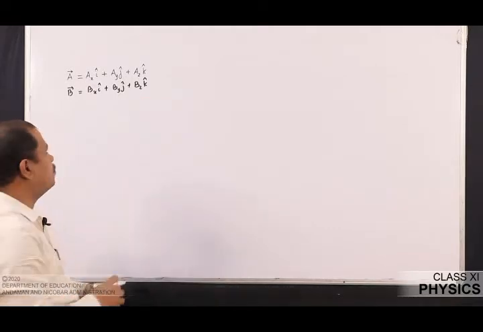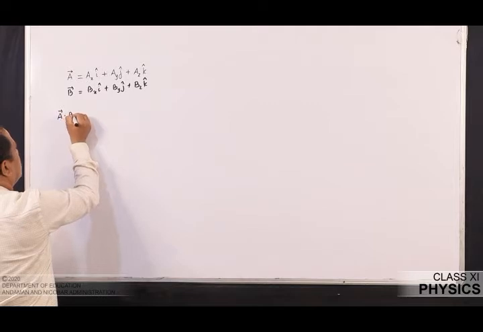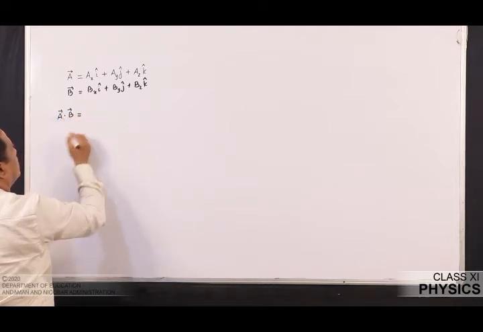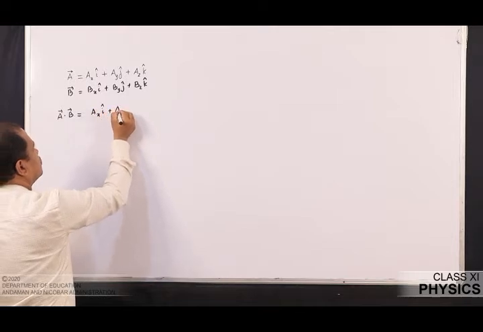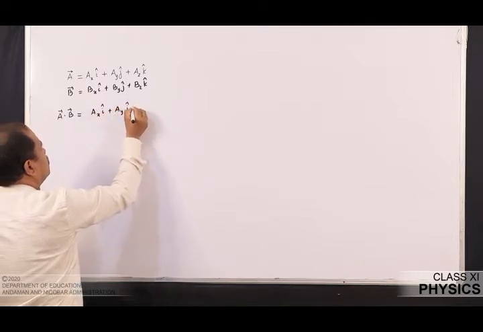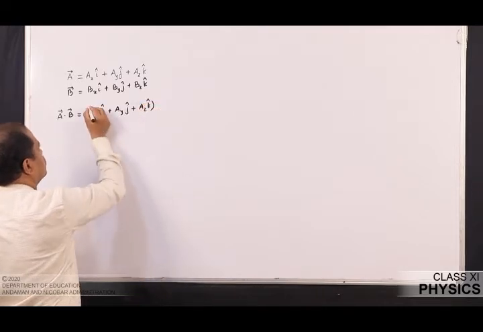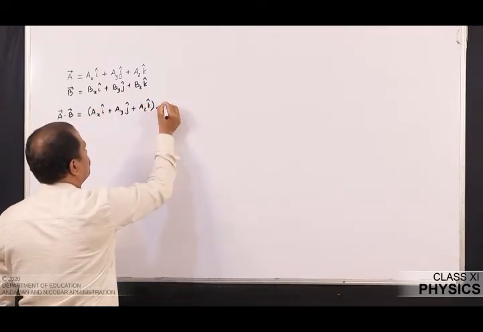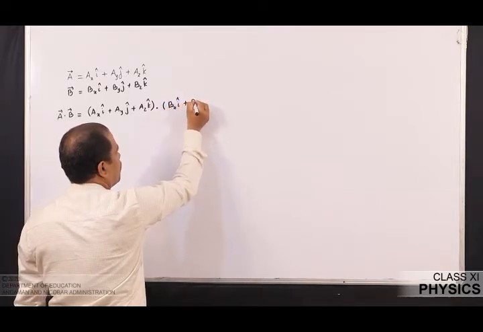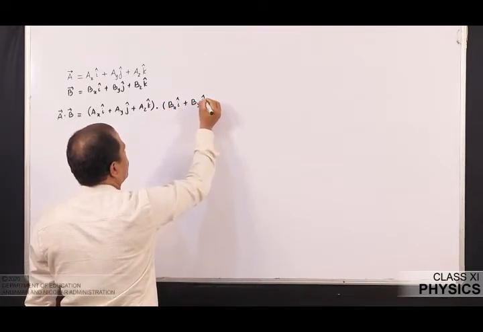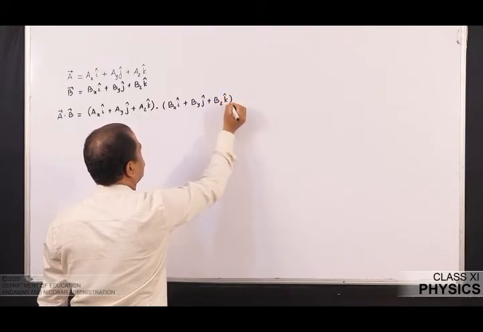And I want to find the dot product of the two. So, this time let me take A dot B, so this is going to be Ax i plus Ay j plus Az k dot Bx i plus By j plus Bz k.